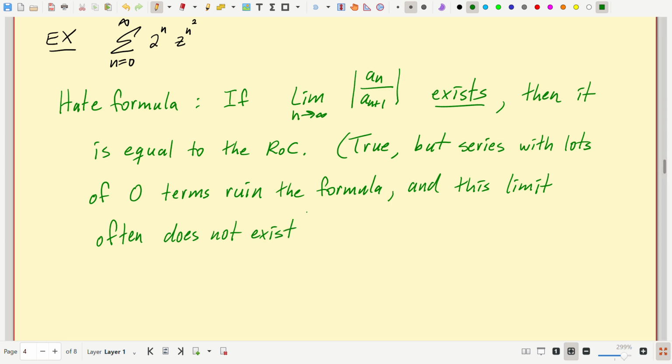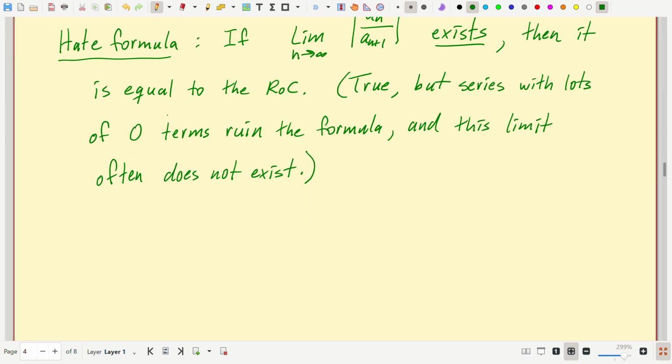So that's why I hate that formula. You had to prove it as one of the homework problems, and it's a rather straightforward application of the ratio test. And so I'd rather use the ratio test every time than memorize this formula. But it's a true formula.